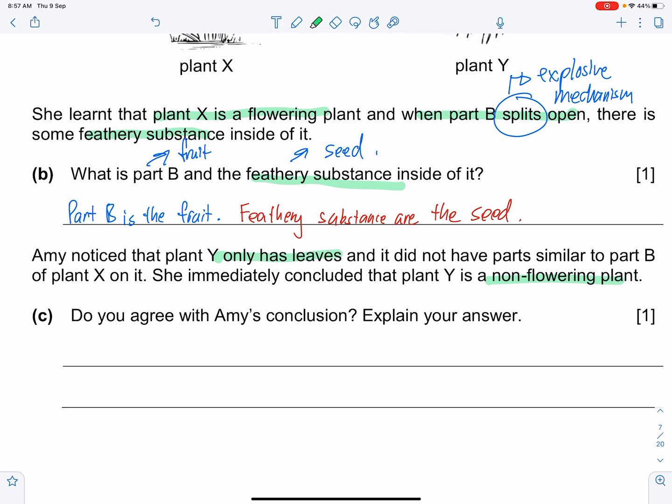So in order to successfully reproduce, the two types of male and female trees need to flower at the same time. So they need to release chemicals in the air to signal to each other.